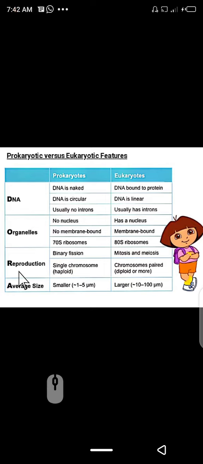For reproduction, prokaryotes use binary fission, with a single haploid chromosome, and eukaryotes are diploid, with meiosis and mitosis. For average size, prokaryotes are smaller, 1 to 5 micrometers, and eukaryotes are larger, 10 to 100 micrometers.